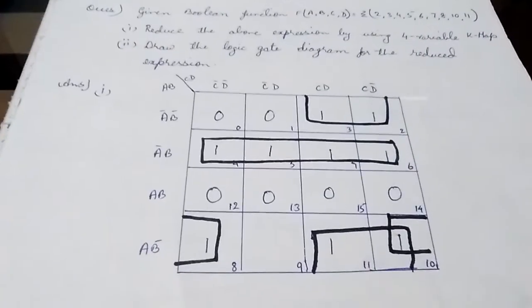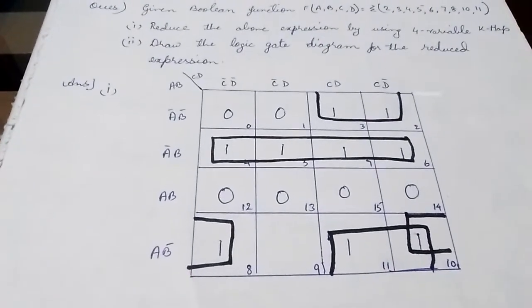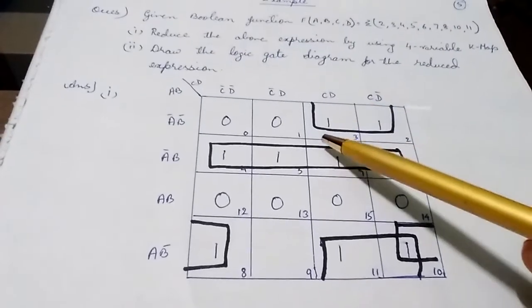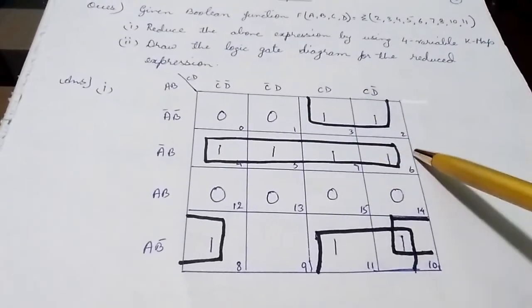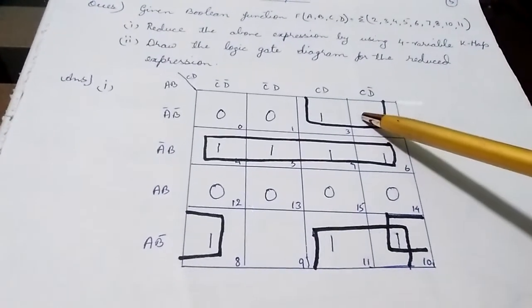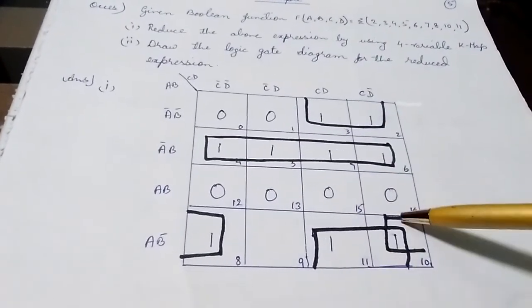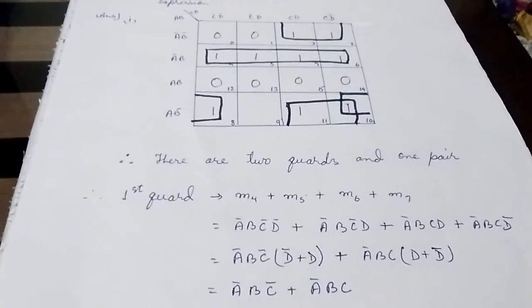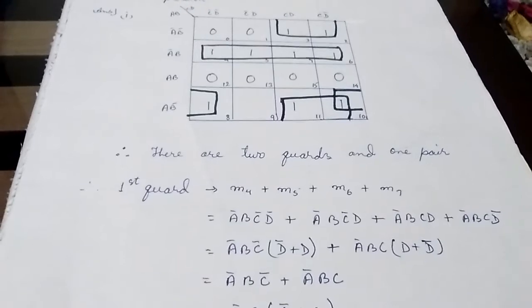So this is the Karnaugh map, which is of sum of product. We see we have plotted the ones, and this is one quad, this is also one quad, and this is one pair. So we see that there are 2 quads and 1 pair.